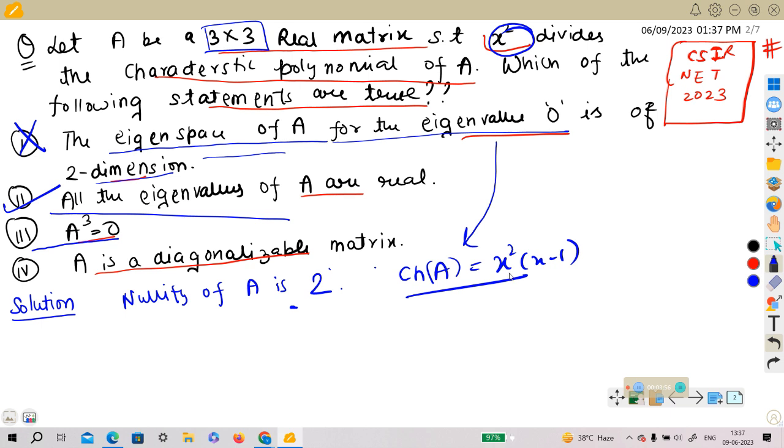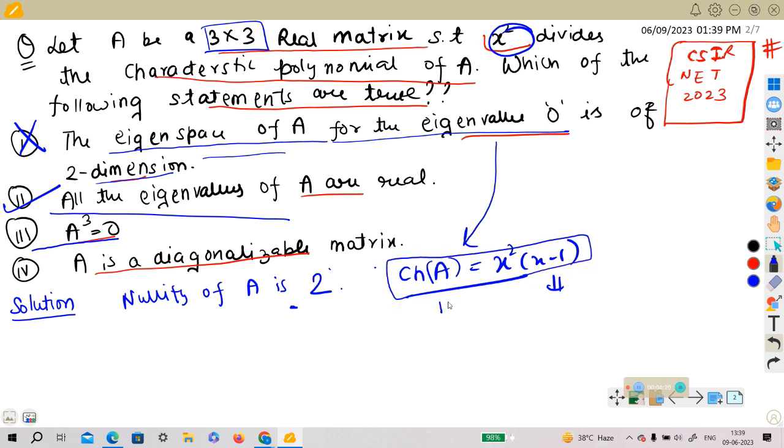We can have any characteristic polynomial, and for this A cube is not equal to 0. If you want the matrix, I can construct a matrix for this.